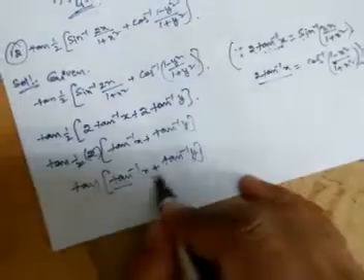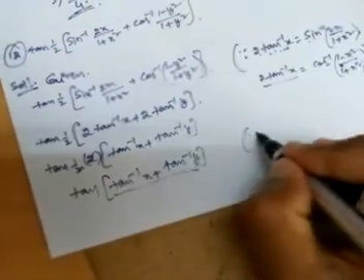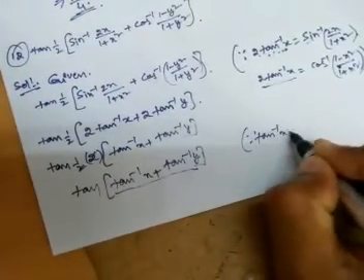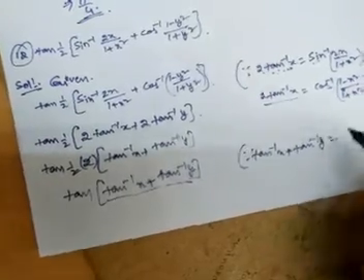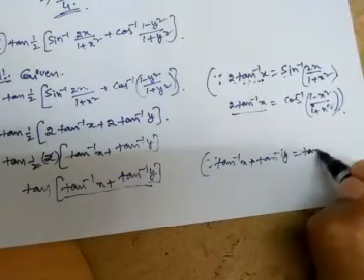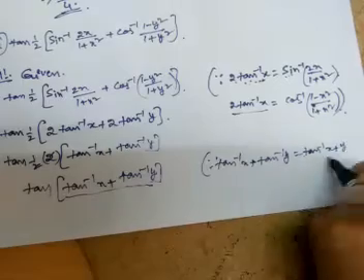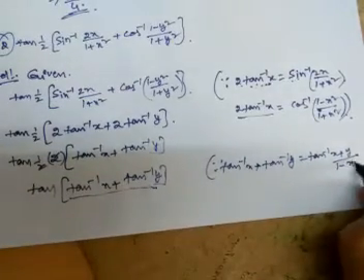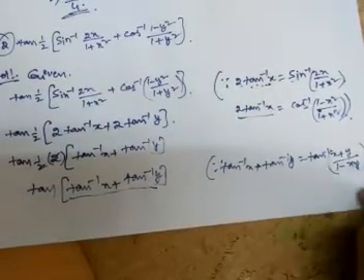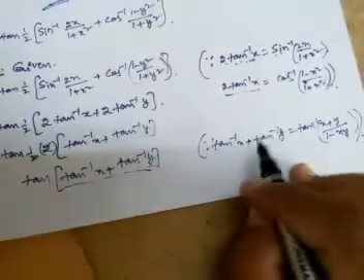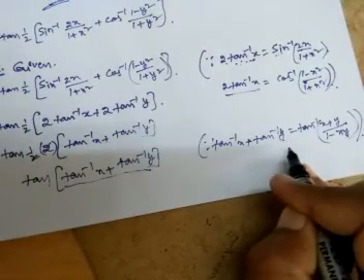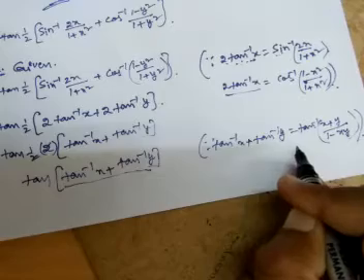Now you observe here inside the bracket, it is in the form of tan inverse of x plus tan inverse of y, that gives tan inverse of x plus y by 1 minus x into y. So according to this formula, tan inverse of x plus tan inverse of y equals tan inverse of x plus y by 1 minus xy.